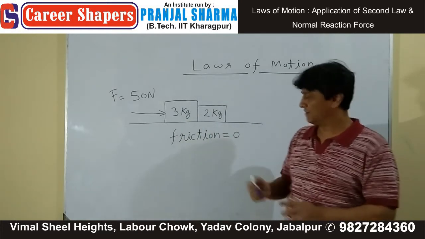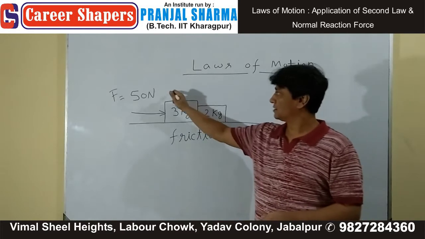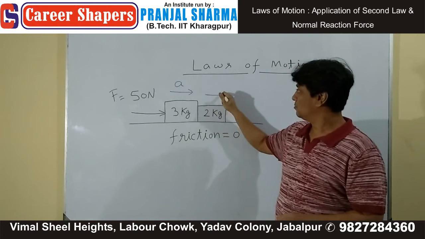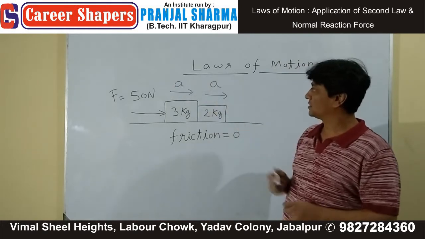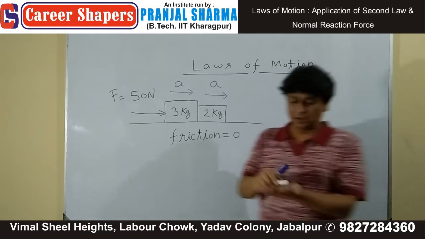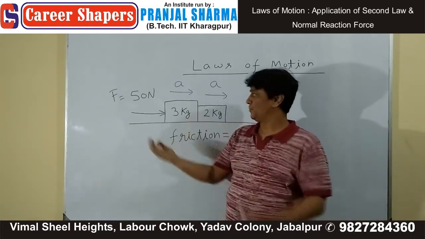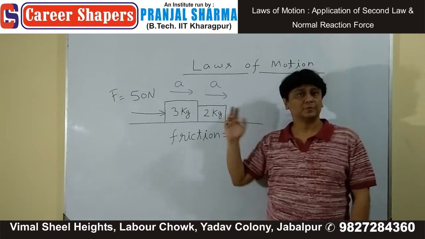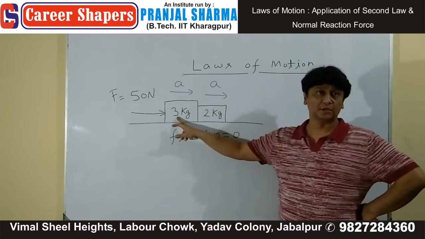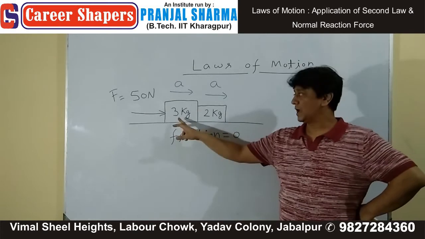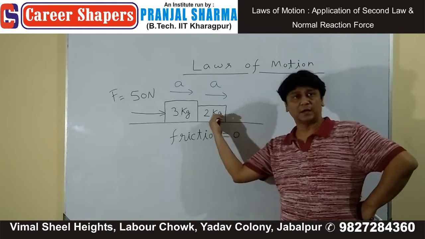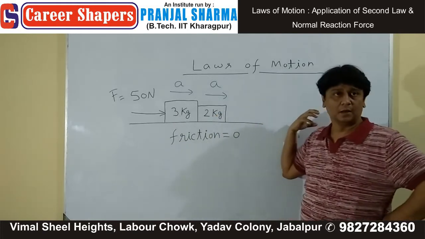But you all have answered correctly that they both are moving with same acceleration a, which is quite logical. If you are pushing 3 and 2, और सपोज किसी ने ये बोला होता कि भैया 3 का एक्सेलरेशन ज्यादा है, तो अगर 3 का एक्सेलरेशन ज्यादा होता तो वो 2 को पेनिट्रेट करके बाहर निकल जाता. That's not happening.